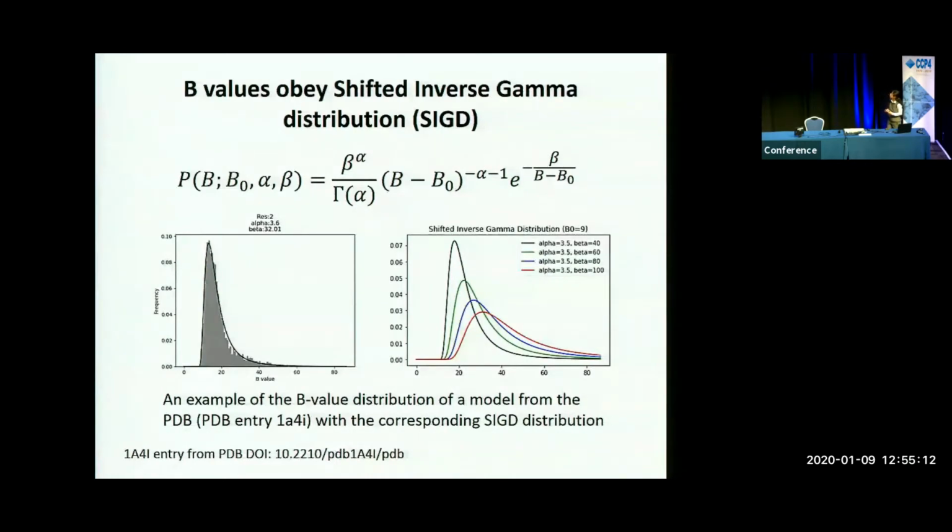Inverse gamma distribution is a univariate continuous distribution with shape parameter alpha and scale parameter beta, and for the shifted inverse gamma distribution, we add an additional shift parameter B0.